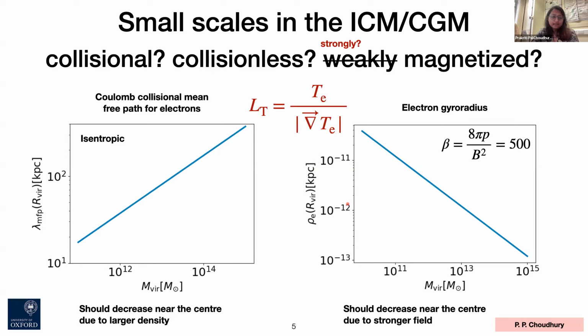In this talk particularly, another length scale which is quite interesting is the temperature gradient scale. In the last slide, I actually ignored the small length scales over which temperature can change. But in principle, this can be quite interesting because, for example, if there is a merger, this length scale could be quite large, but for strong shocks, this could be very small.